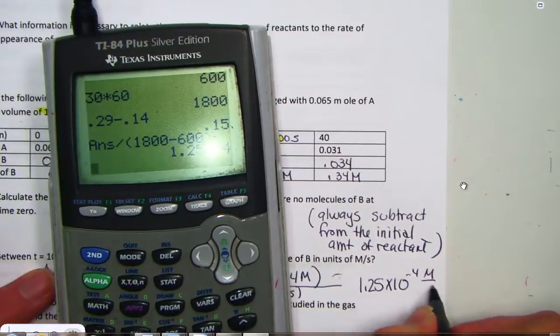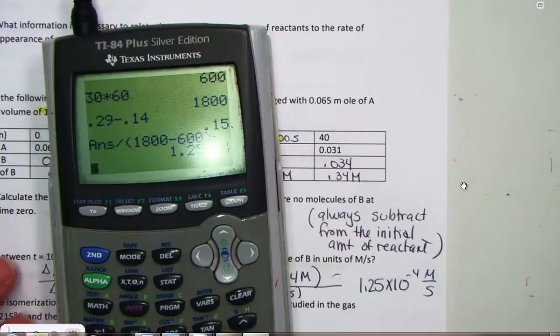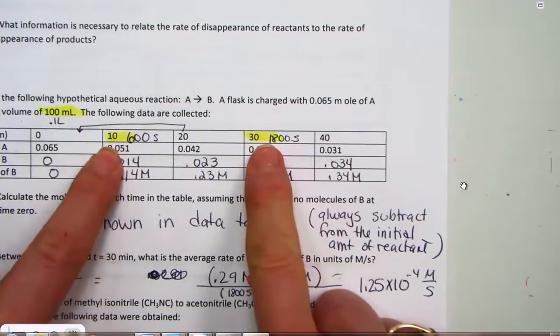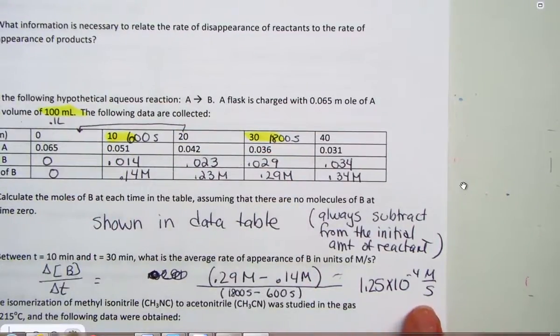And the unit there is molarity per second. So that's how quickly the product is appearing over the time interval of 10 minutes to 30 minutes, but calculated in a molarity per second unit.